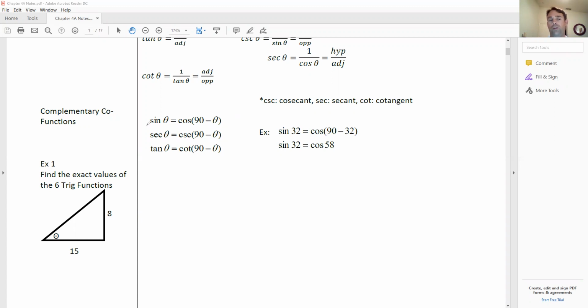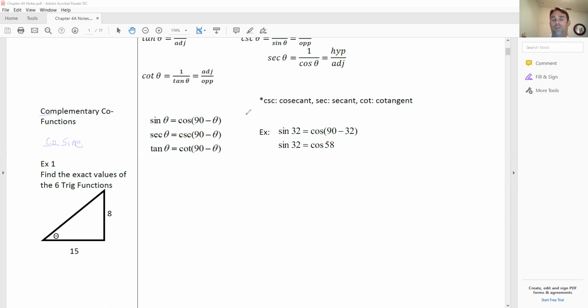We say that the functions are complementary cofunctions, in other words, sine and cosine. Notice the first two letters of complementary is co. If I take sine and add the co, cosine, we find that sine is complementary to cosine. That means sine theta equals cosine of 90 minus theta.